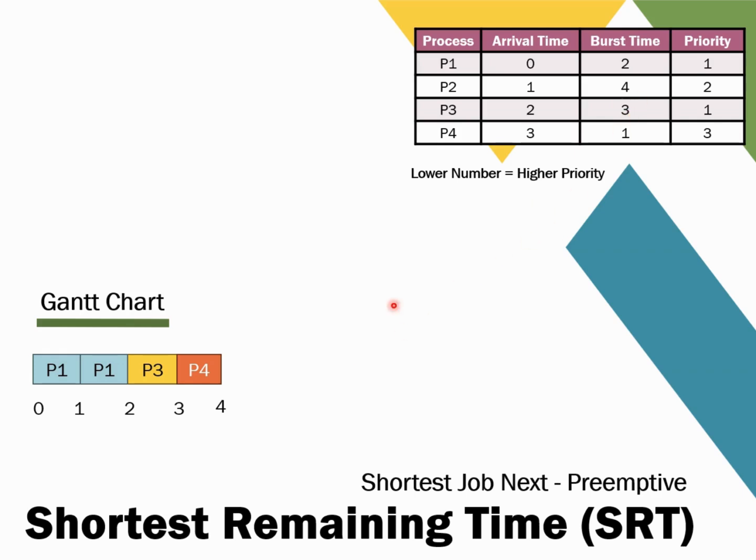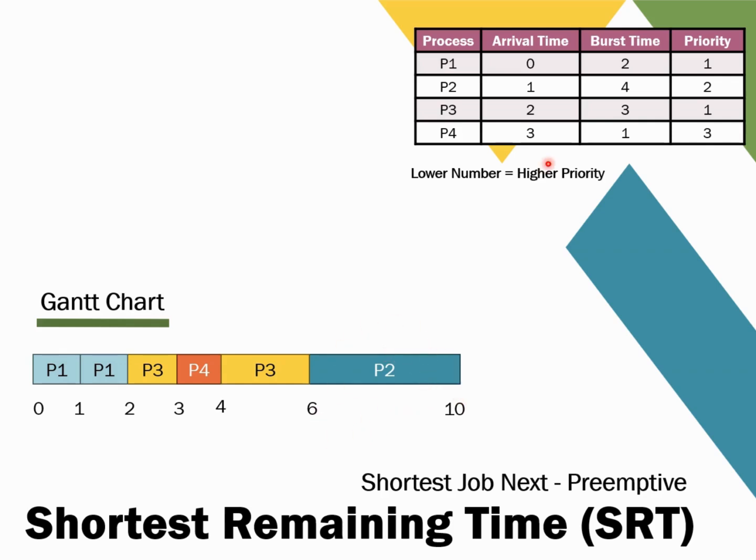Now we have 2 processes not completed in the ready queue: P3, after taking 1 nanosecond of CPU time, needs 2 more, and P2 needs 4 nanoseconds. So we allocate the CPU first to P3 again, between 4 and 6, and after that to P2 between 6 and 10.